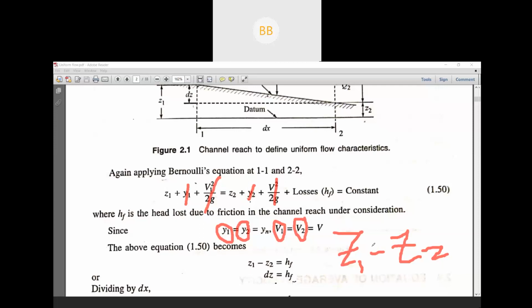Z1 is equal to Z2 plus head loss due to friction. That is, the datum head at section 1 is equal to the datum head at section 2 plus head loss due to friction.